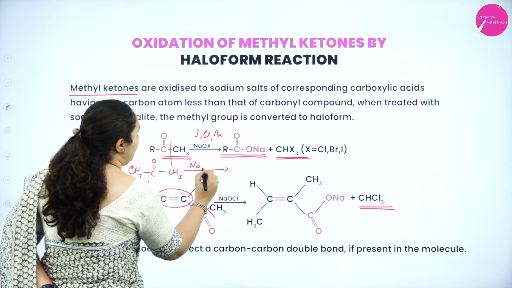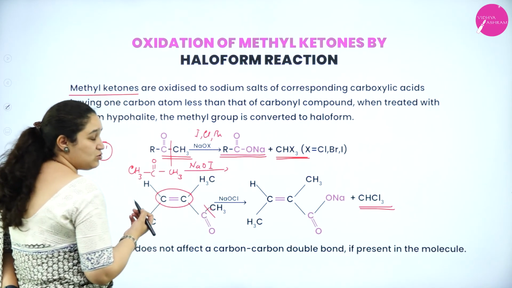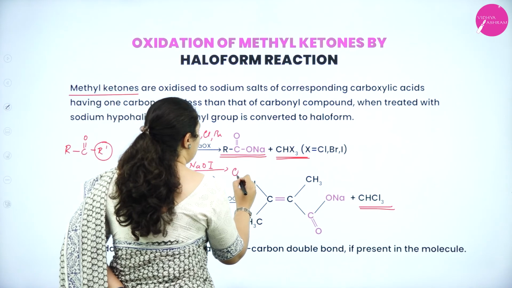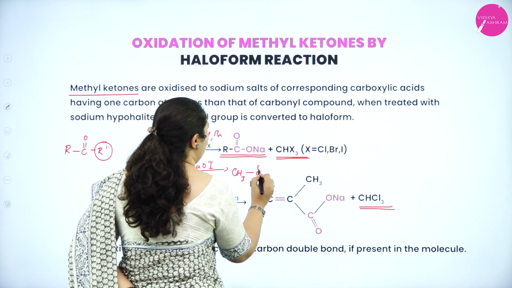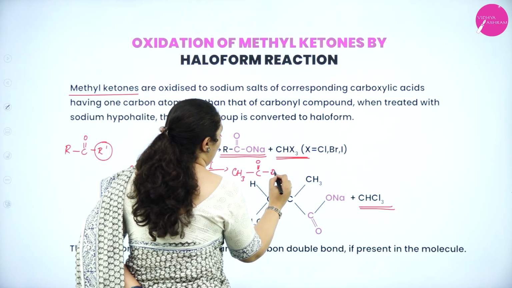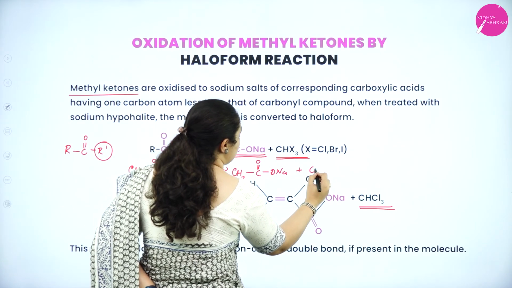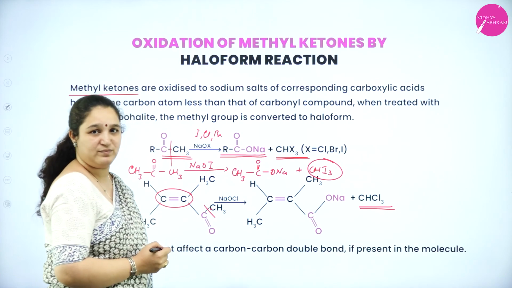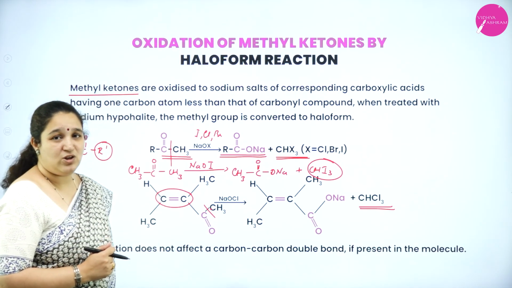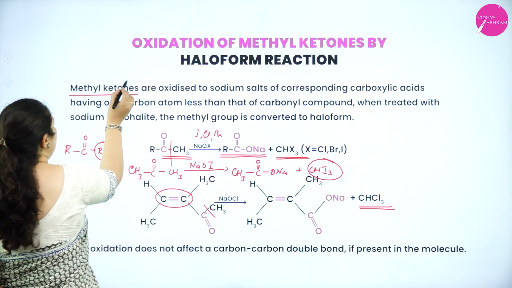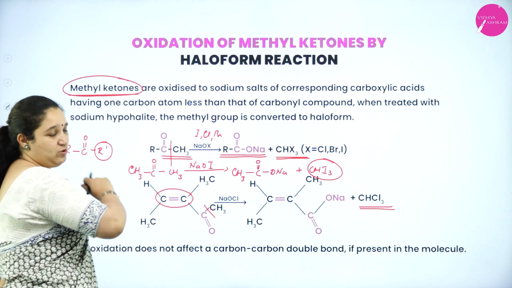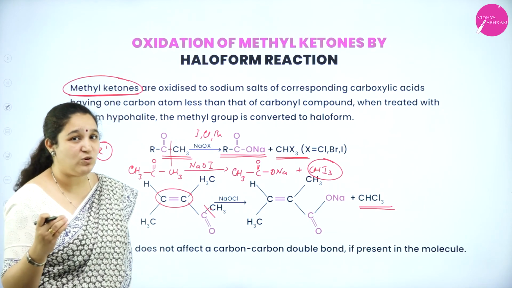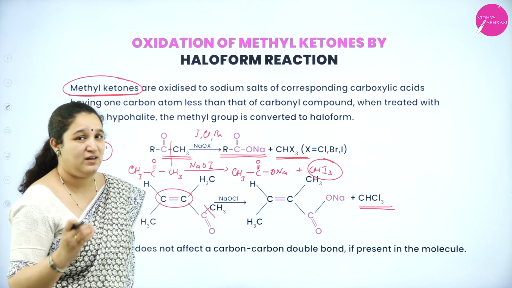I'll take NaOI, okay, sodium hypoiodite I have taken, which will give CH3, C double bond O, ONa plus CHI3, iodoform is formed. Okay, so this particular reaction is given only by which one? Methyl ketones. Not even aldehydes, not even normal any ketone, it will be given only by methyl ketones.